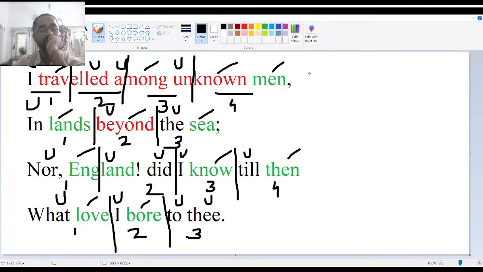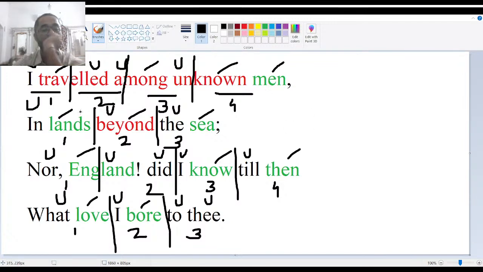So you have to mention that the lines are composed of different numbers of feet. The first and the third lines are composed of 4 feet, and the second and the fourth lines are composed of 3 feet or meters.